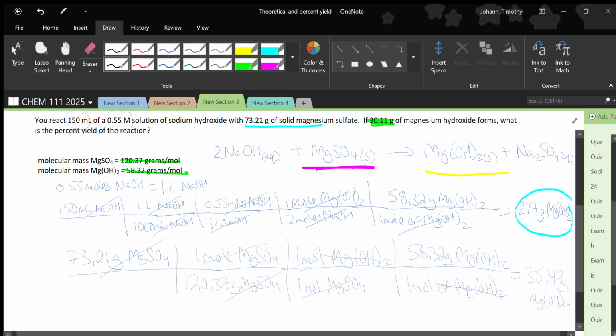So what I'm going to do is scribble this out, and I'm going to say that I had 1.05 grams of magnesium hydroxide that formed.